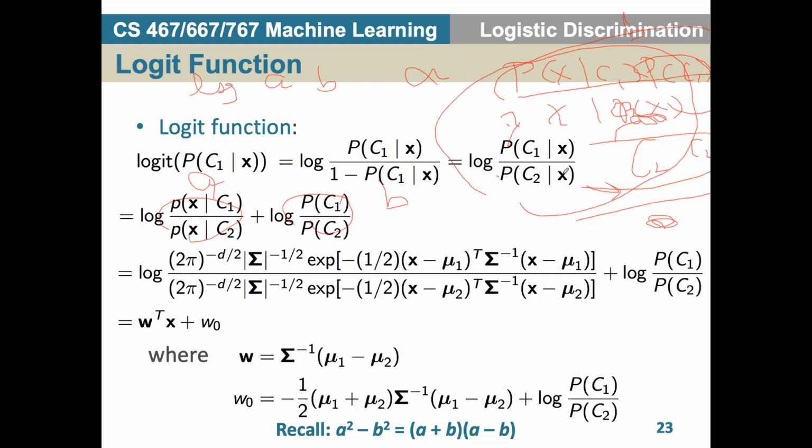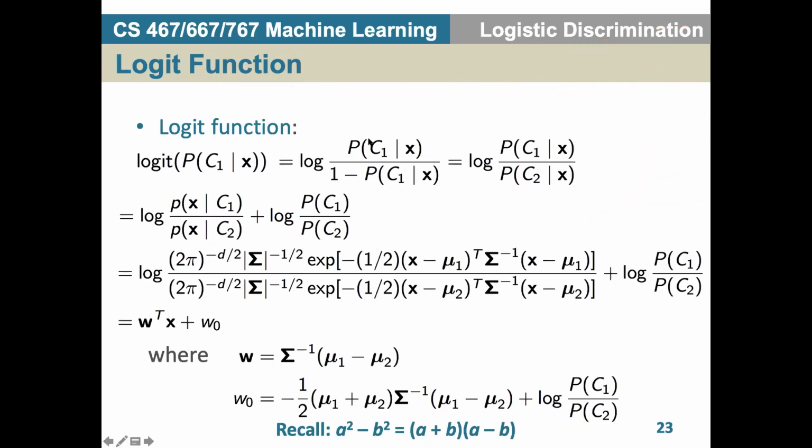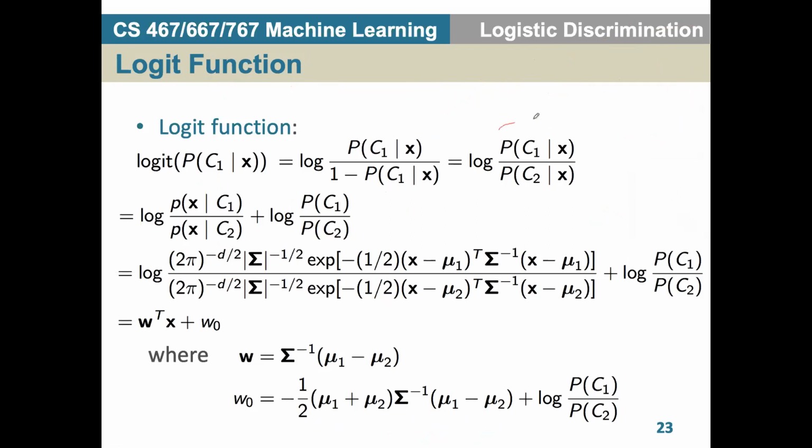So let me use a pen again. We are just finding the posterior by multiplying the generative probability.